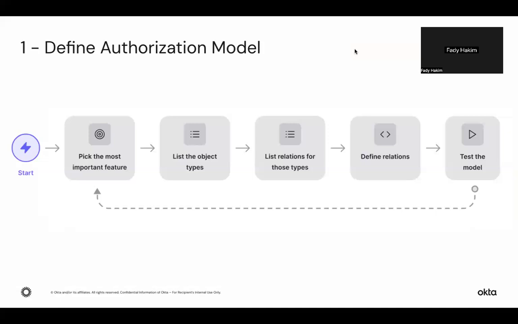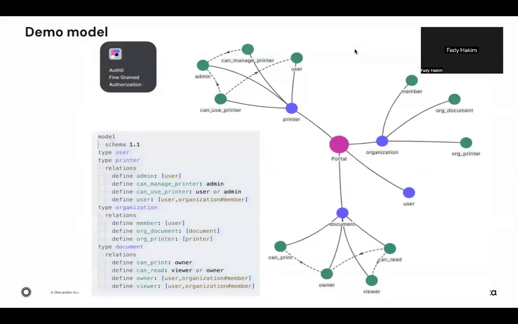So let's see how that will work. All right, so this is the demo. If you recall, in our demo we did a printer management website, which in our case was Lexmark. Lexmark sells printers to companies. Companies can use the Lexmark portal to manage the printers, where an IT manager can assign printer access to certain users to start using them.